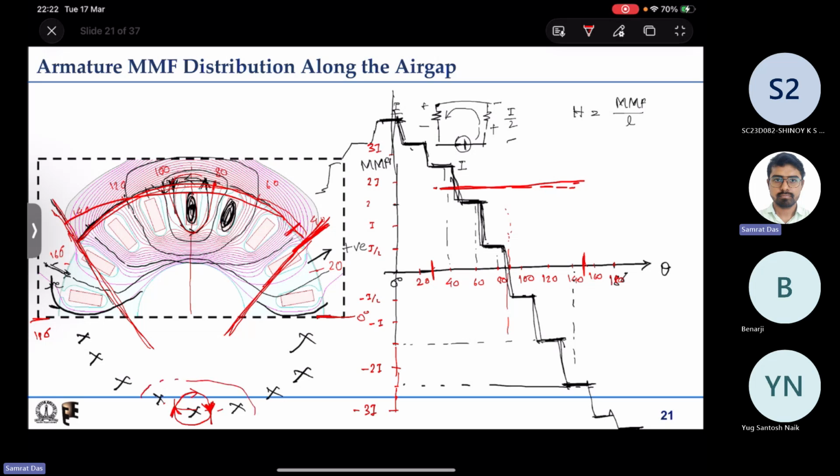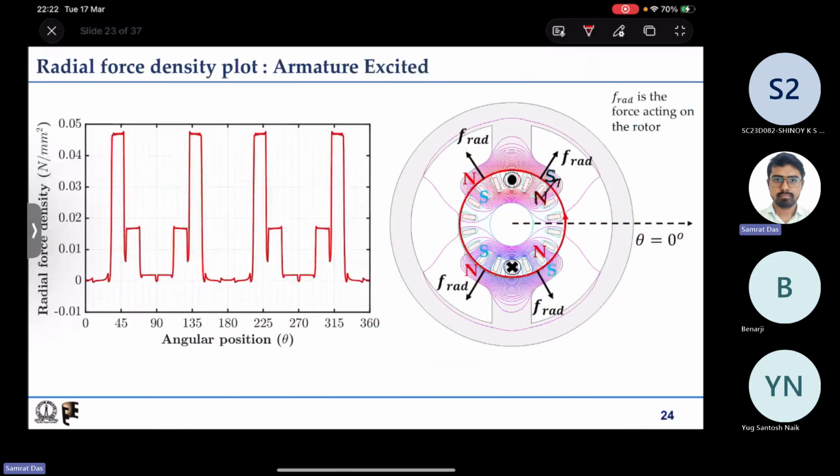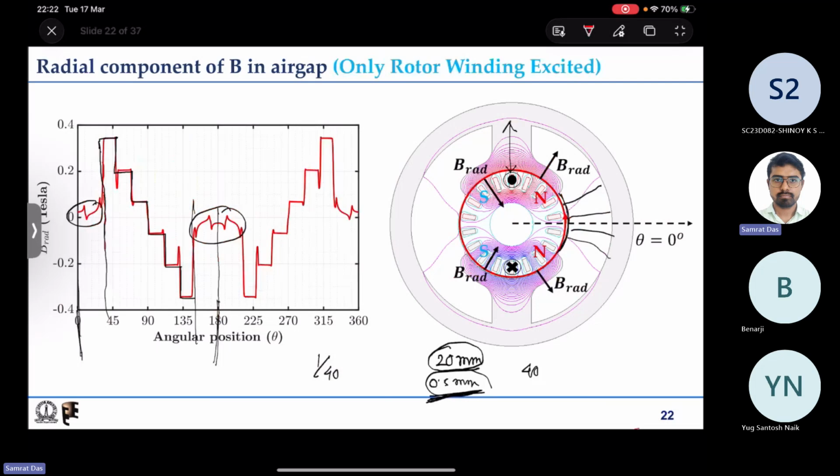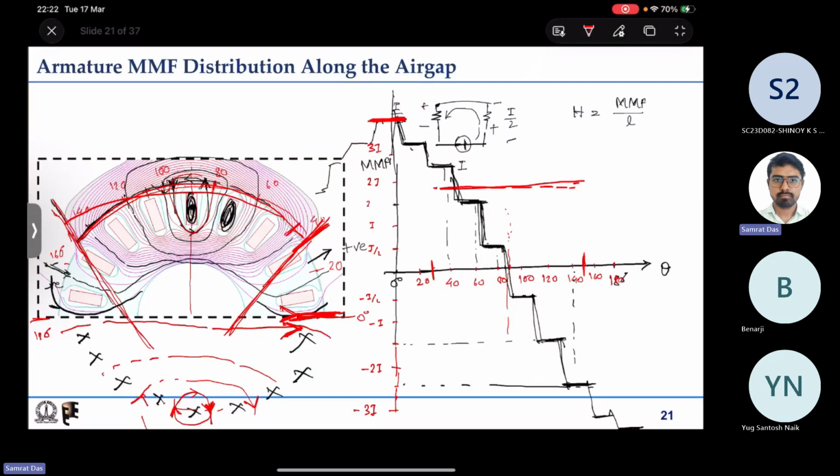Similarly, again you take this, again it will be outward, then inward. Here we will find that it is the same direction. Here also it is going outward. That is why you will have the same thing. At 0 degree you have the positive. 0 degree or 360 degree, both are the same thing. So you have the positive maximum here and negative maximum at 180 degree. That is why it is sufficient to draw for only one half, because it's symmetrical.